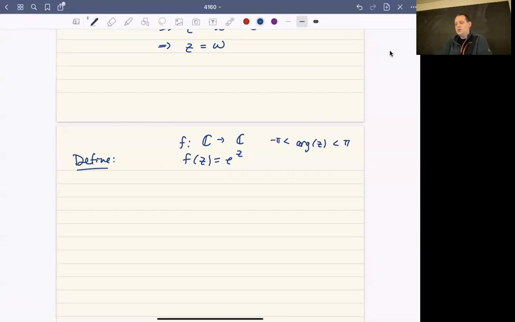And again, there's nothing special about the interval from minus pi to pi. You could do pi to 3 pi, or whatever branch cut you want is totally fine. This is just a choice of convenience, really.